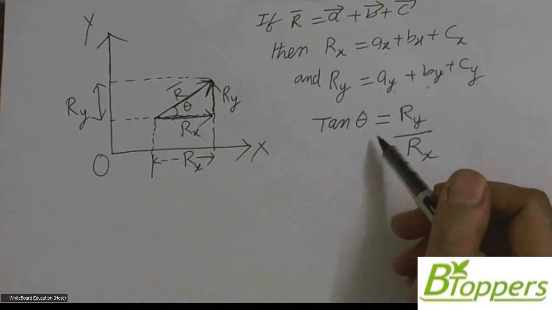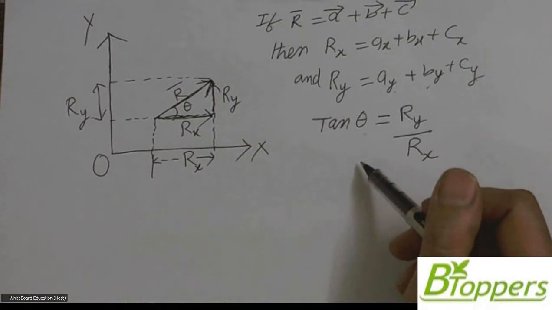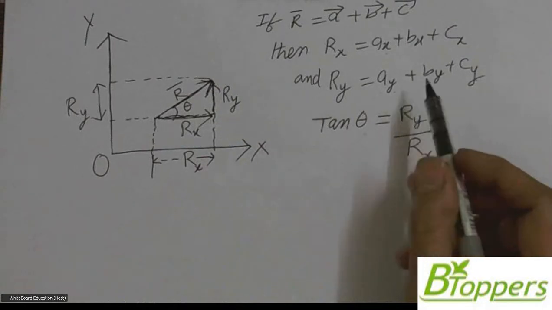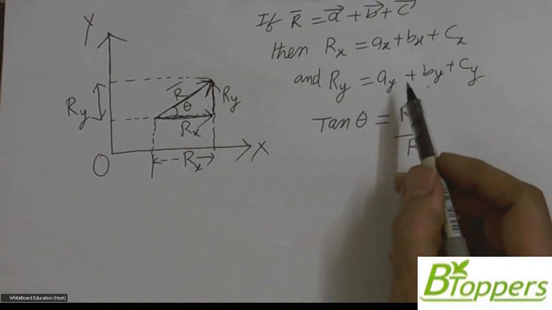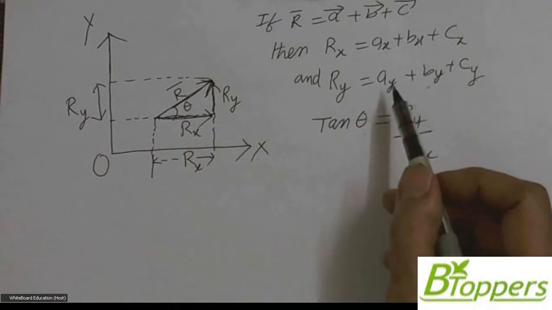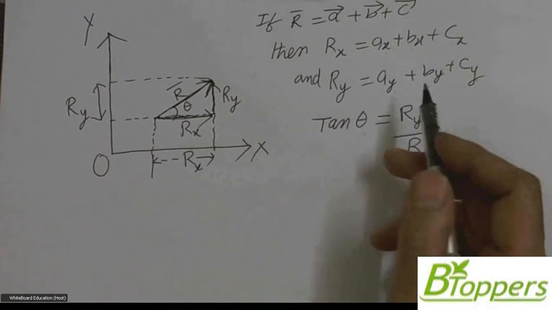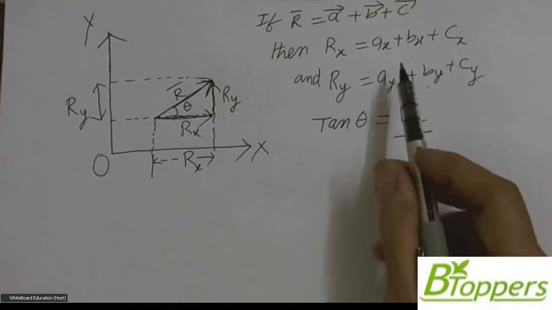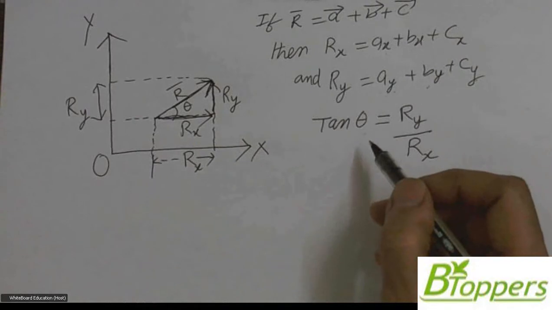So next we are going to discuss some problems based on the addition of vectors in terms of the rectangular components. Particularly this method we use to find resultant of a number of displacement vectors, or we follow this method even for finding the vector sum of a number of forces acting on a body. Of course, the conclusion can be extended for the three-dimensional case also.